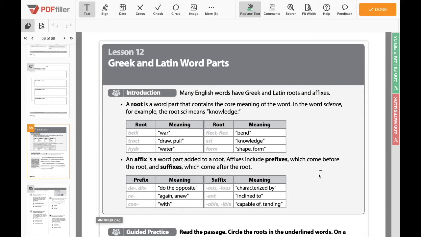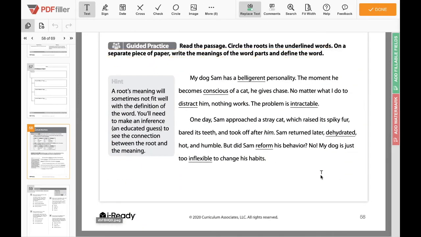So now we're going to take a look at the bottom of page 58. We're going to do this together, and then you will do 59 on your own for homework. It says, read the passage, circle the roots in the underlined words on a separate sheet of paper, write the meanings of the word parts, and define the word.